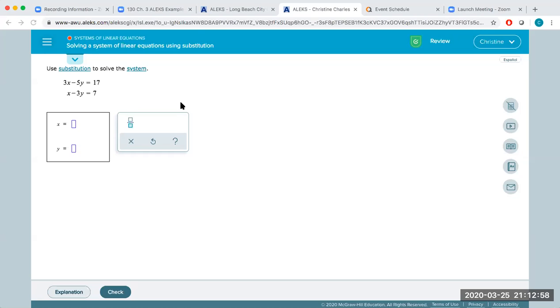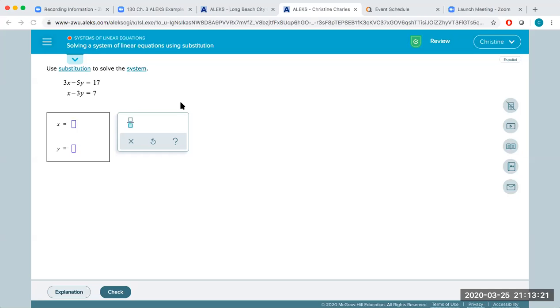So here we go. Basically for substitution method, at this point, we've already covered that there are three ways to solve a system of linear equations in two variables. One is using a graph. Substitution is our second method, and elimination is the third method, which you can check out in my third video, okay?